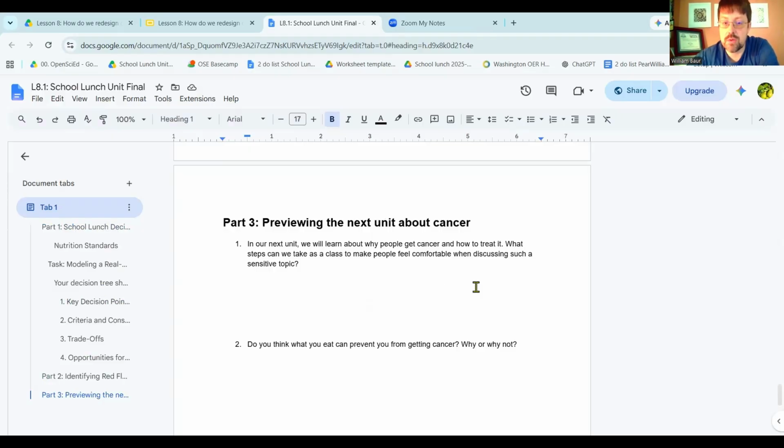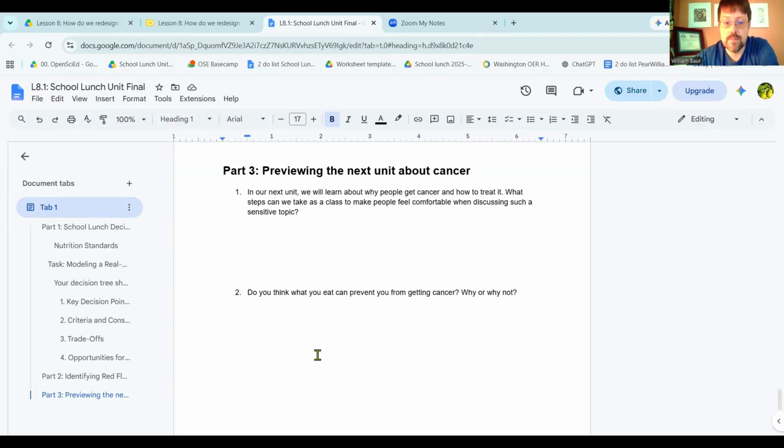This first question is really getting students to think about how they are going to discuss a topic that might be emotionally sensitive, that they might have a personal or family experience with. And then the second prompt is to get them to think about how diet and cancer might affect each other, starting to raise questions. We'll do that a lot more when we get into the cancer unit after this assessment.